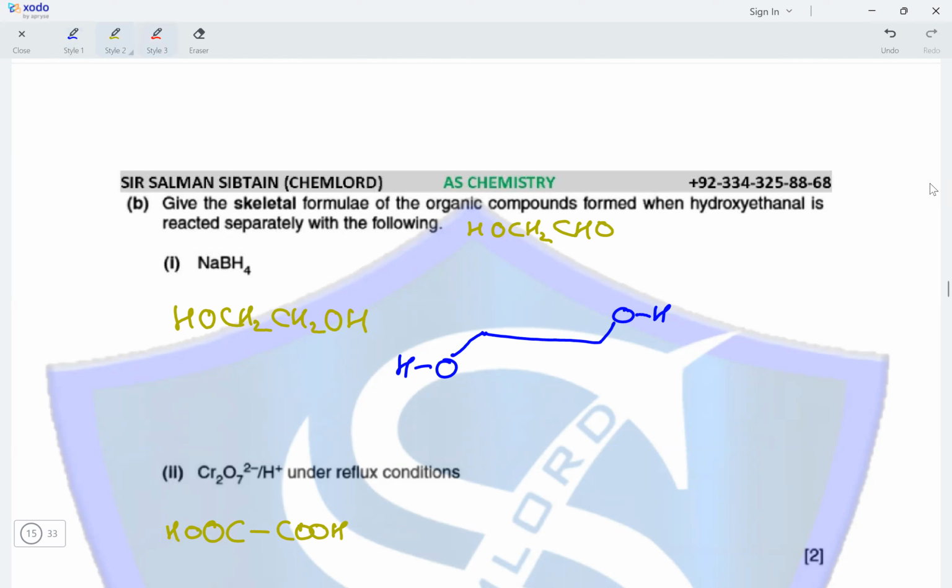So in order to form the skeletal formula of this compound, we would have two carbon atoms, each forming a double bond O and a single bond OH group. So this is the skeletal formula of the product of the reaction of hydroxyethanol with acidified K2Cr2O7 and heated under reflux.